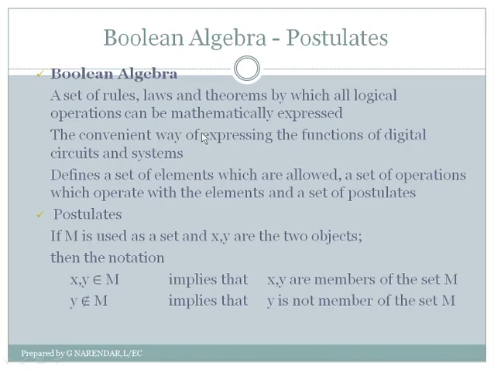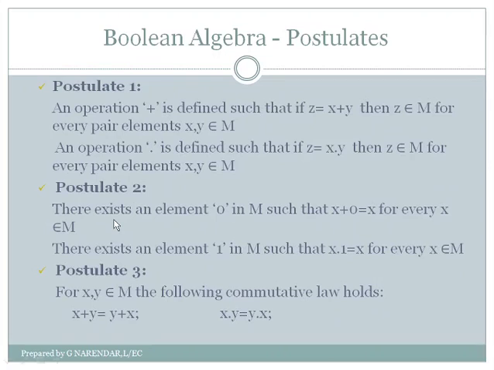And to define these functions, we require certain elements and certain operations, and we require a certain set of postulates or rules and theorems, and for that we define the 6 postulates which are assumed to be true.